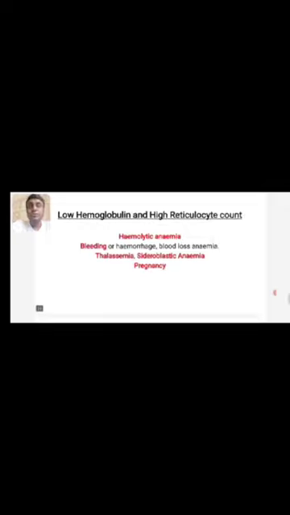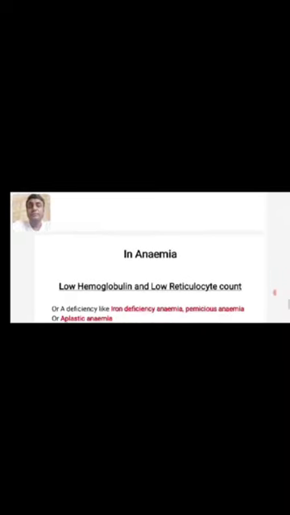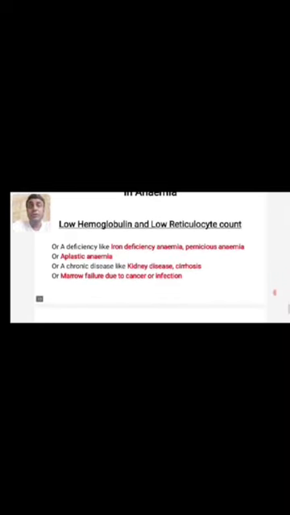Now let us go to another scenario where there is anemia or low hemoglobin, but there is also a low reticulocyte count.